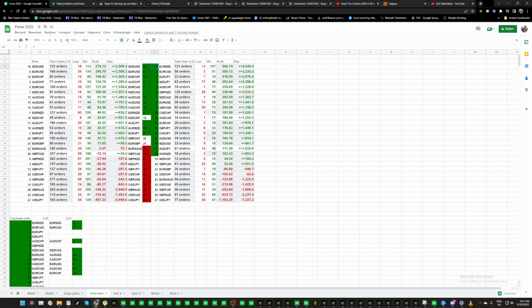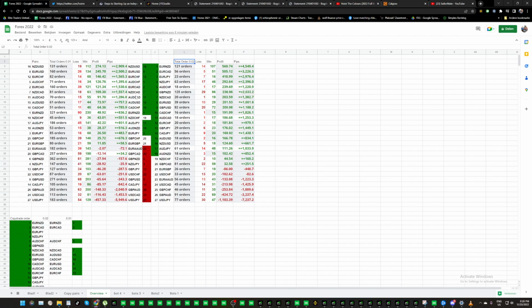All of these pairs I want to copy with a 0.02 signal. I'm going to copy them with a 0.01 lot, but basically these are the signals that I'm going to copy to my live account, but even half of that.